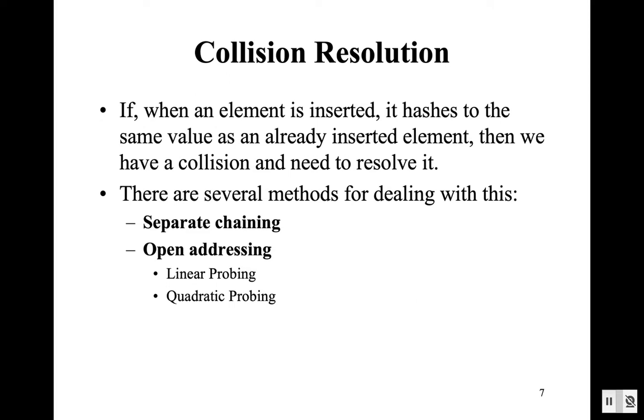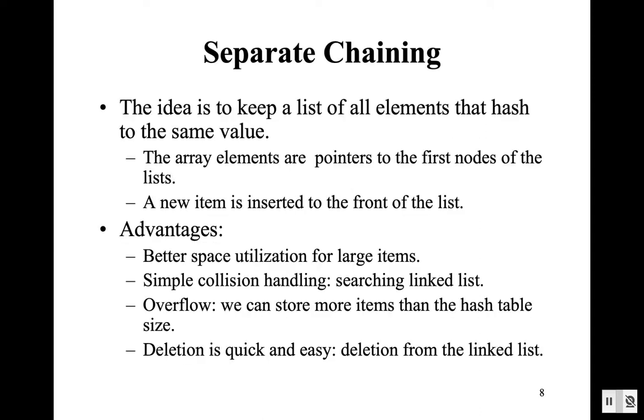Last class we talked about introducing the new data structure, hashing, and we talked about collision resolution. In collision resolution, there are several methods for dealing with collisions: separate chaining and open addressing. Last class we talked about the method of separate chaining.